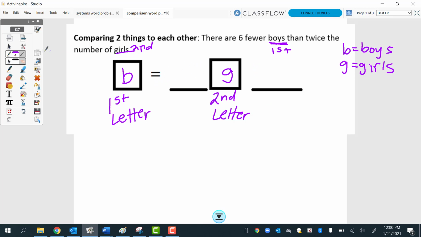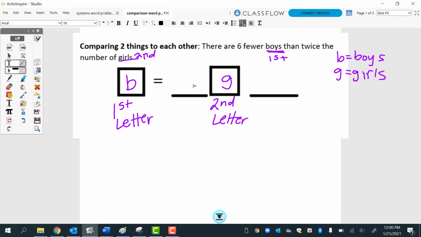A number that would go in front, there's a couple different ways I would know if a number gets to go in the front. So we're going to make it a different color. The number that goes in the front is going to be because the question says twice as many, or double, or 3 times as many, or half. Something along those lines.